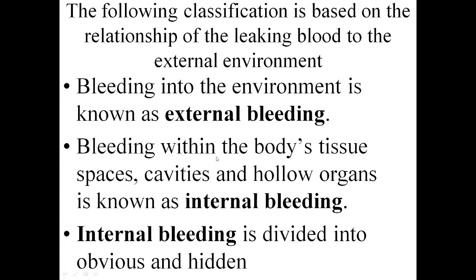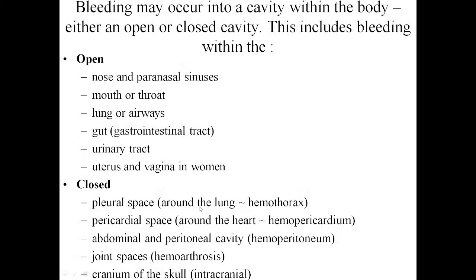Bleeding within the body's tissue, space, cavity, and hollow organs is known as internal bleeding. And internal bleeding is divided into two groups. The first group is obvious bleeding, and the second group is hidden bleeding. And now I explain to you.